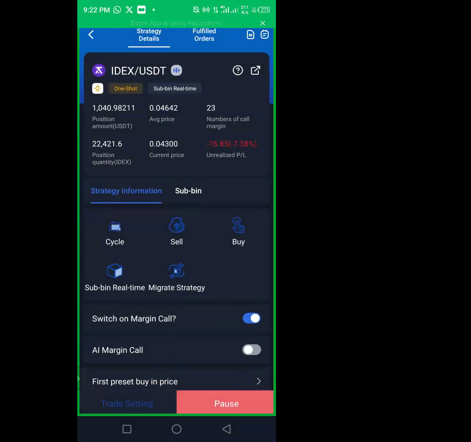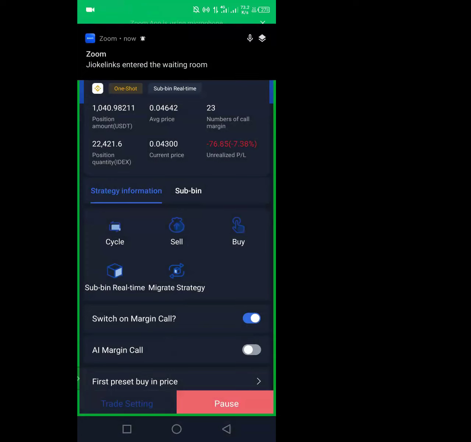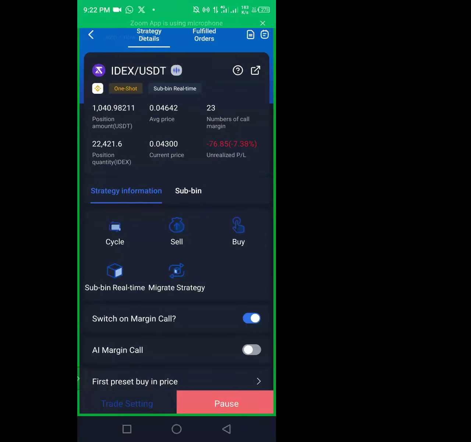So with this now, I will make more. If I was supposed to make 1% on 510, now I'm going to make 1% on 1,040. So I'm going to make higher profits now.